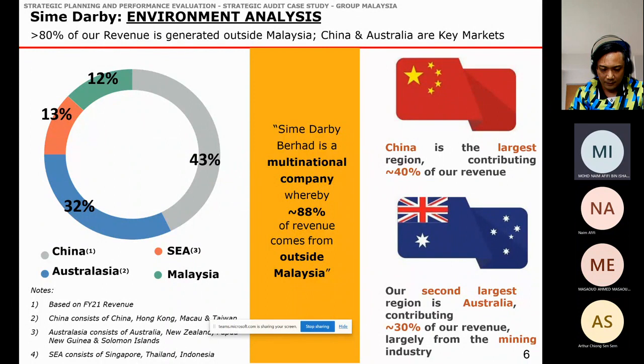In the previous slide, we know that most of their focus is in the Asian area. If you look at the revenue here, it mostly came from Asia and also from Malaysia. China is the largest, and after that they are also in Australia. So basically, 88% of revenue came from outside of Malaysia.